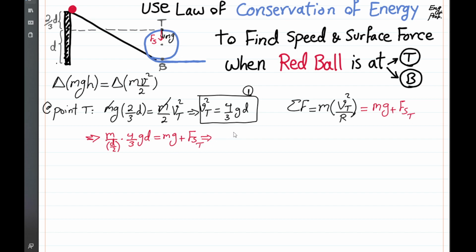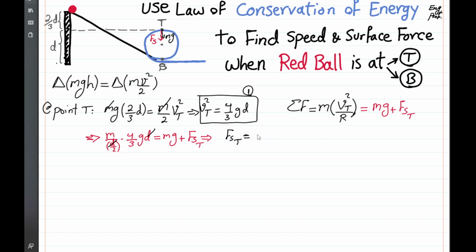So in this case, as a result, Fs on top is equal to, d goes away with d, and then we have 8/3 times mg, and then minus 1 mg.